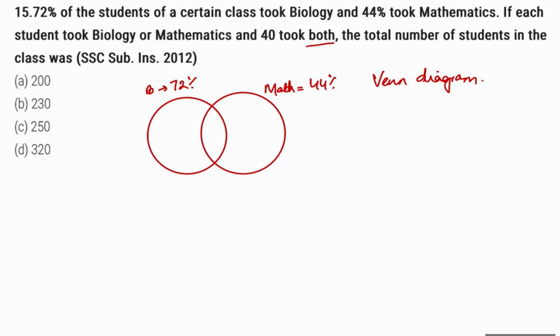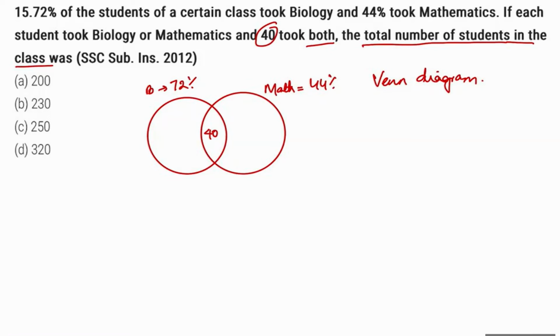The question asks for the total number of students in the class. Total number of students in the class. Both take 40, the percentage of those who take both is 40, the number of students.